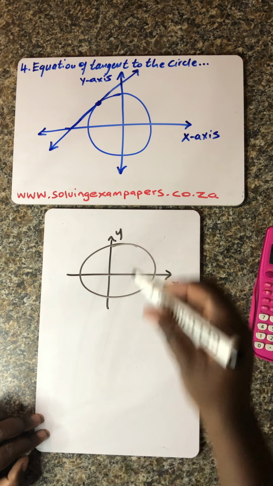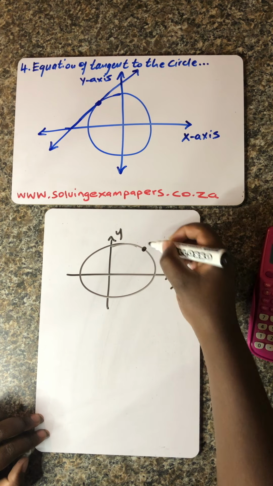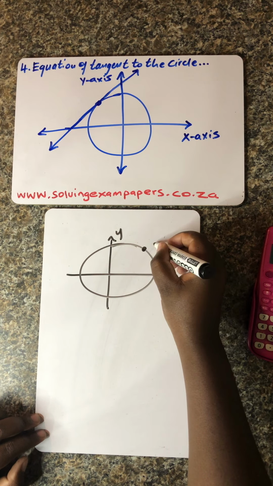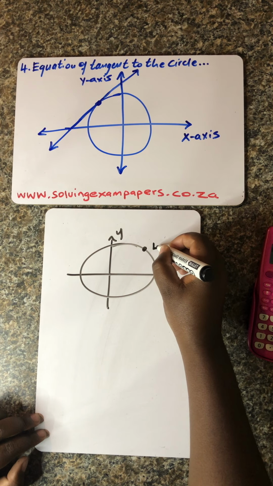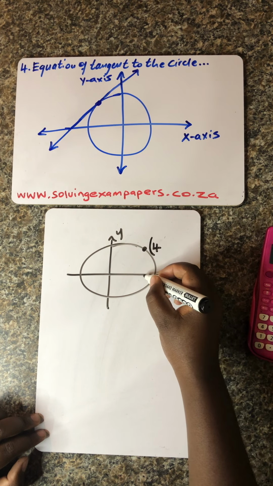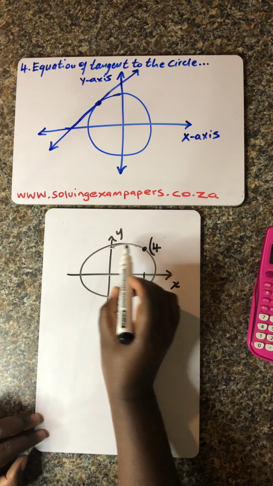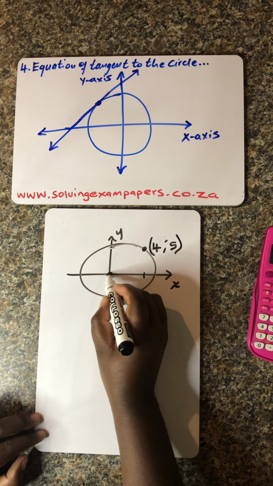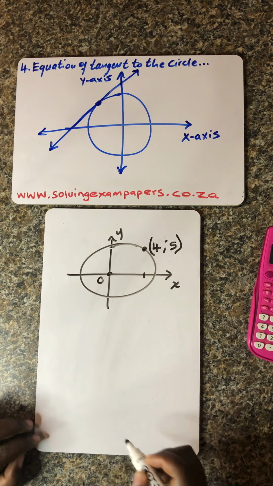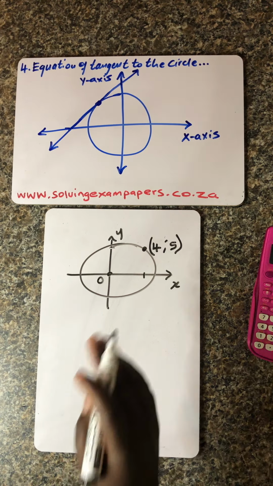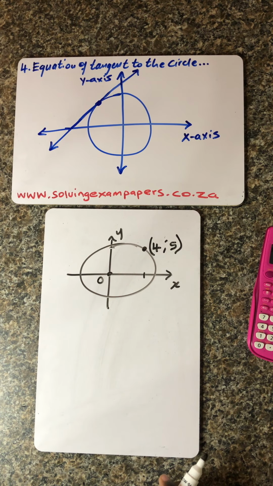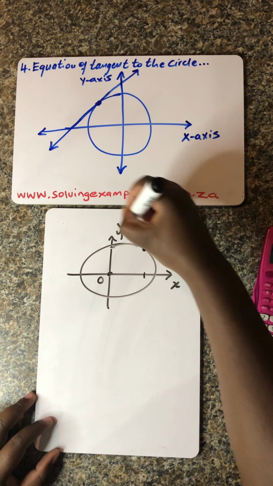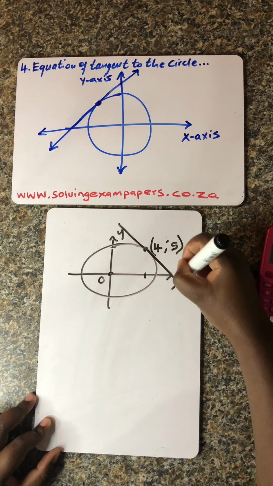Now let me use a point somewhere there, let's just say that x value there is 4, and let's say that y value there is 5, and this is the origin, ladies and gentlemen, which is the center. They want you to determine an equation of the tangent. Obviously you can just draw a straight line passing through that point.